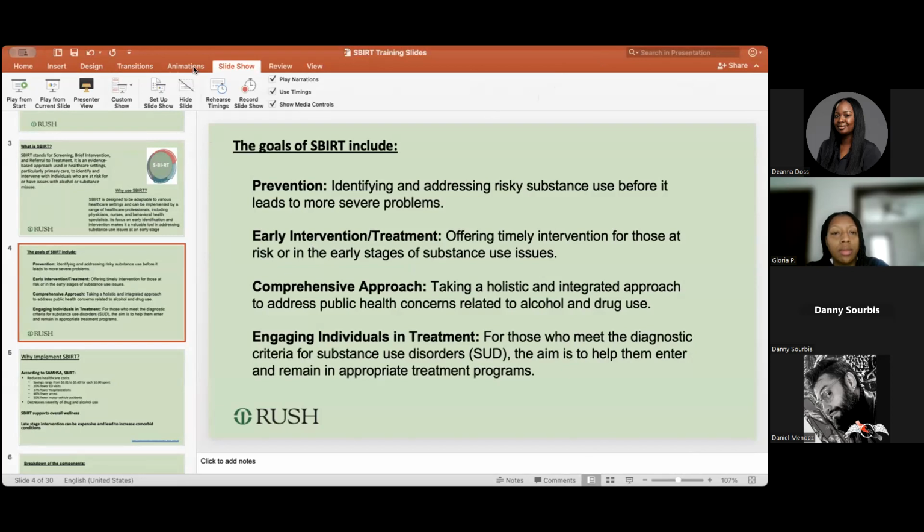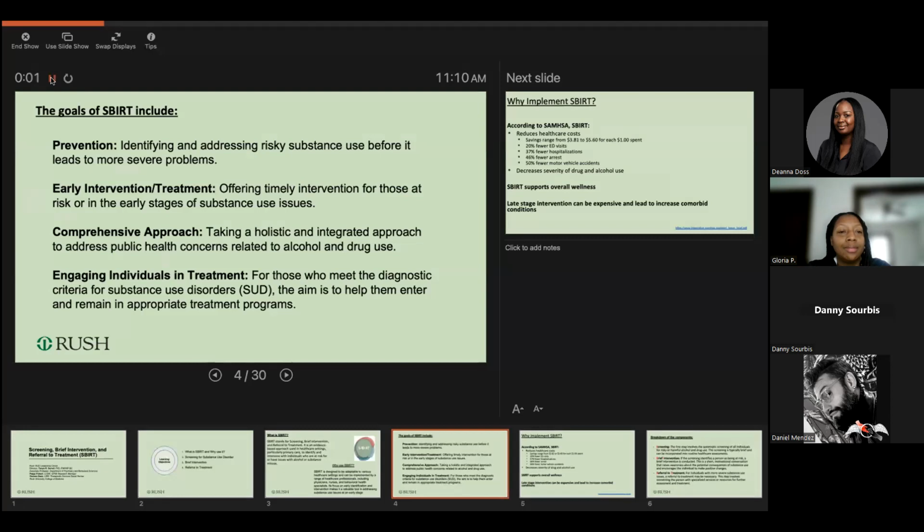Am I still in presentation mode, Gloria? No, it did switch back. Okay. Yeah, but we can still see the screens. Play from current slide. Is it in presentation mode again? Yes, we are back in presentation mode.